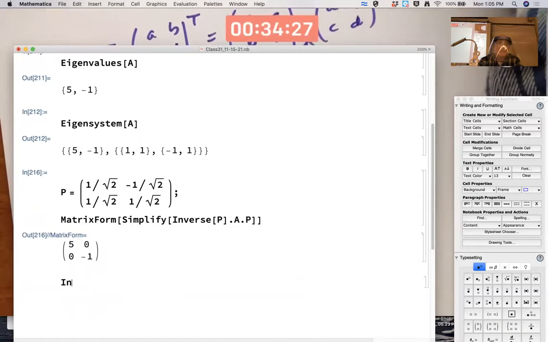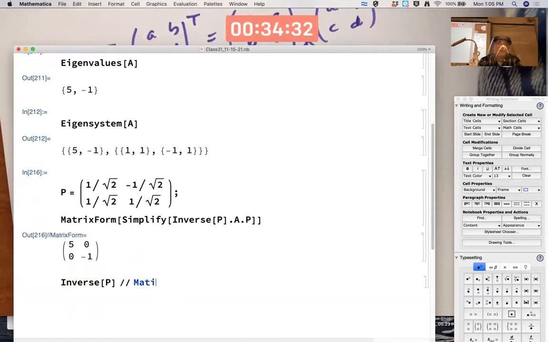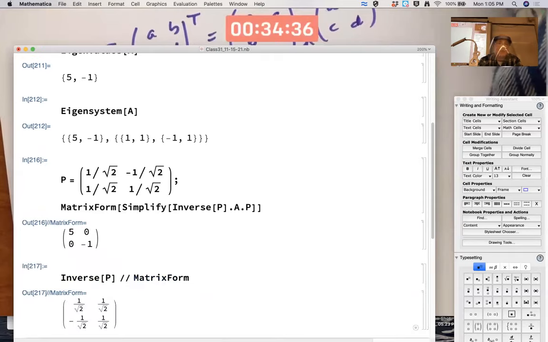Because the inverse of P in this example is its transpose. Huh? Is that right?